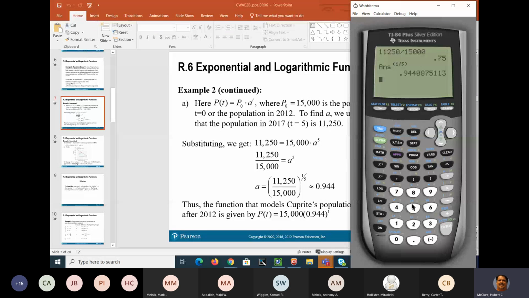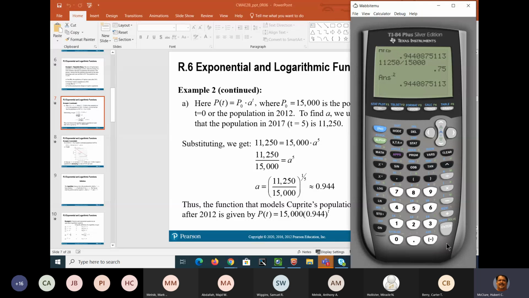Do it in your calculator, come out with 0.2. 11,250 divided by 15,000, raise that to the 0.2. Get the same answer. So 0.944 is your answer here. 0.944 is equal to A.